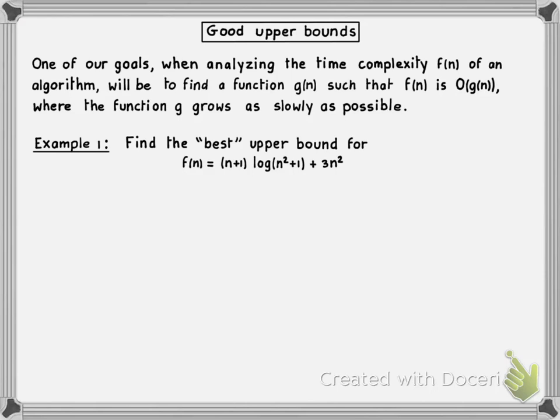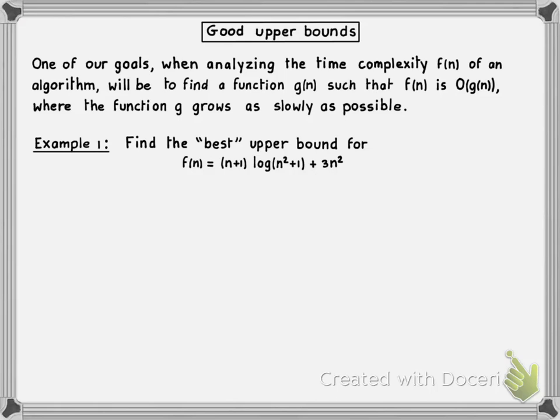To answer this question, we're going to use all of the facts and theorems that we discussed in previous segments. So the function f of n we're considering here is the sum of two functions. The first function is itself a product of n plus 1 and the function log of n squared plus 1.